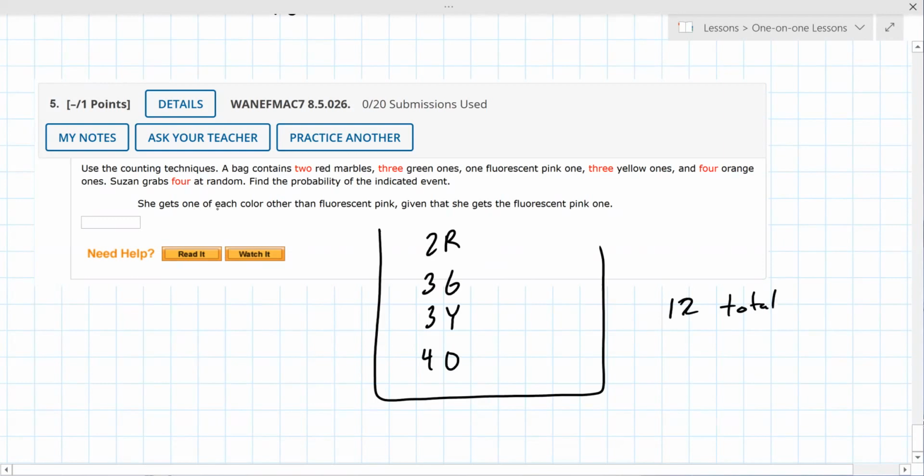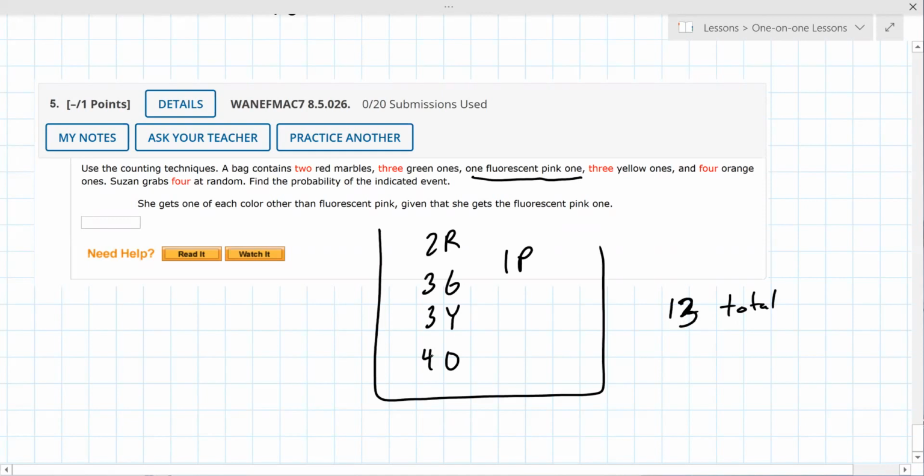All right, she gets one of each color other than the pink, given that she gets the fluorescent pink one. Oh, there's one pink. I missed that. So there's one pink, and that means there's 13 total now. 2, 3, 2, 3, 1, 3, 4.